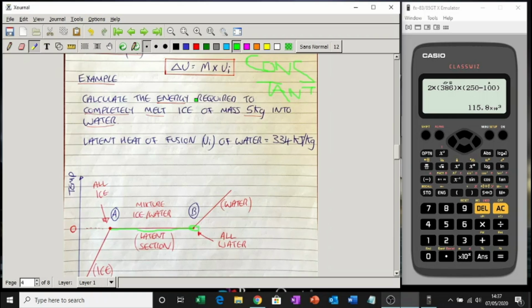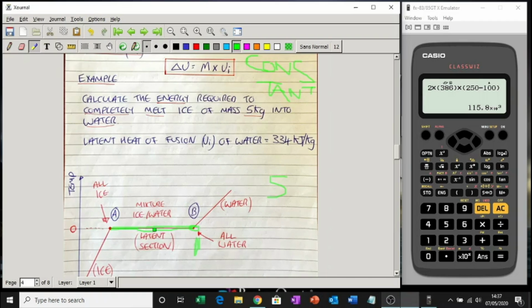So calculate the energy required to completely melt ice of mass 5 kilograms into water. So we've got 5 kilograms of ice here, and we want to completely melt it. Don't forget, the energy is used to break the bonds. So it's going from a mixture of ice and water, like a slush puppy, until it gets to here where it's all water. The temperature is not moving until we get to here because the energy is used to break this down.